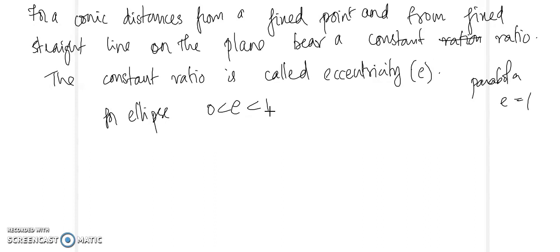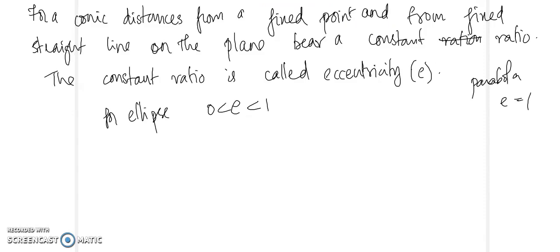Okay, so using this, we have that the distance from the focus and distance from the directrix will have a constant ratio. So using that idea, we will derive the equation of the ellipse.